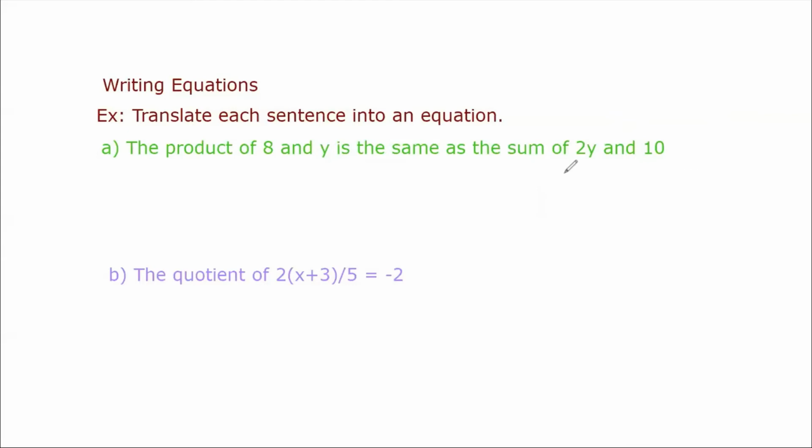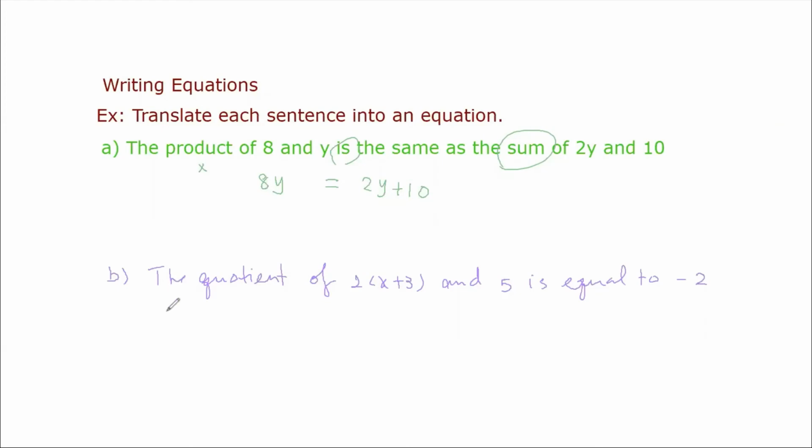The product means times, right? And y, so this one means times. So you have 8y, which equals, the same as the sum of 2y and 10. So that's the sum of 2y and 10. So you have 2y plus 10.